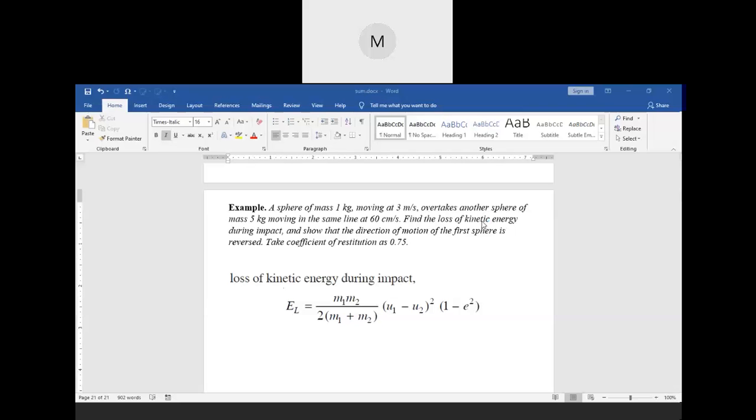Have you taken the question screenshot, students? Okay, and try solving it out. The first part you can find out using this equation.